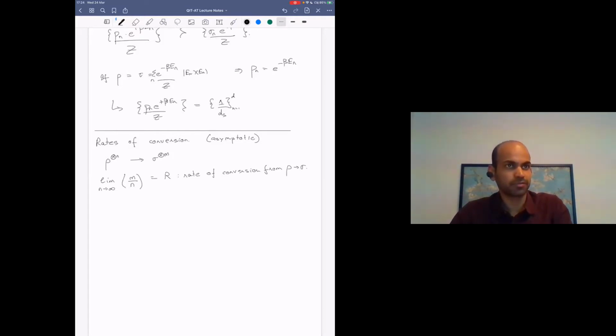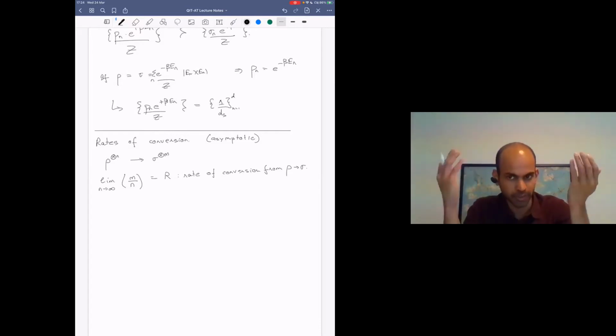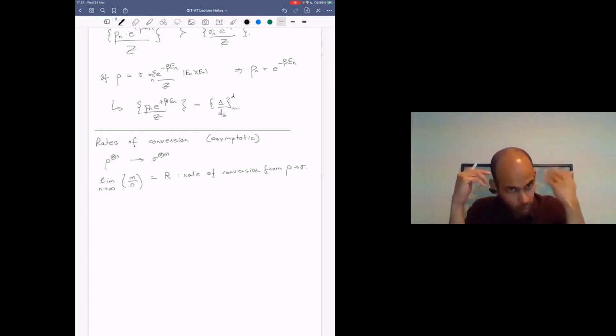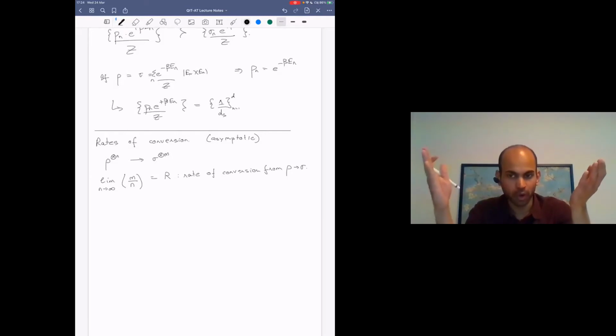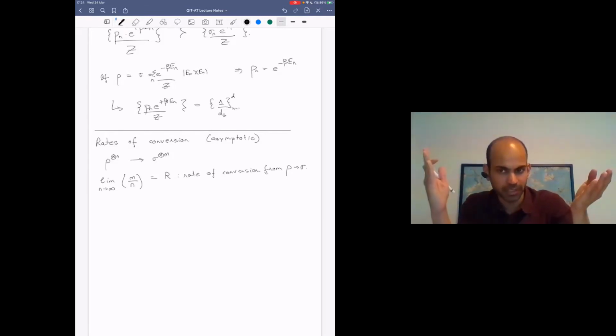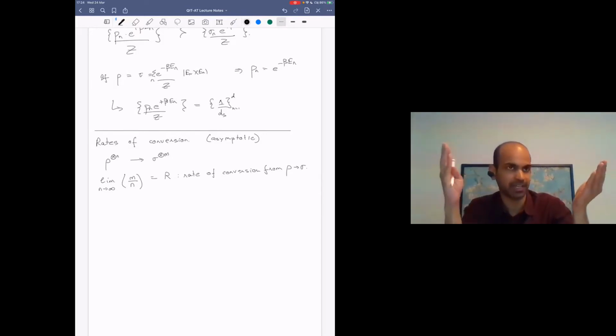So this is another way of defining a resource theory on multiple copies and asymptotic transformations. It should be very clear here that if we find the value of R, for example, that's equal to 2, then this does not imply that we can take one copy of ρ and turn it into 2 copies of σ. It means that as we take more and more copies of ρ, the number of copies of σ that we get will be approximately 2. And in the limit n tends to infinity, that ratio will become exactly 2.